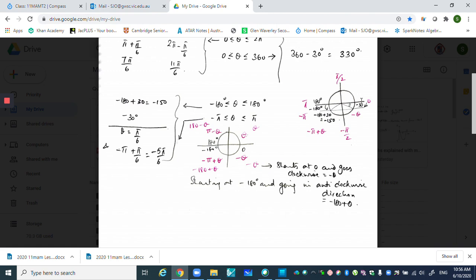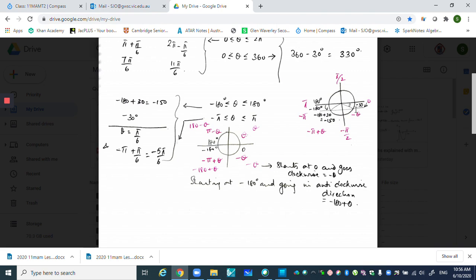And if they talk about 0 and minus pi, or 0 and minus 180, it's with reference to the negative angle that can form here. So we know that these solutions lie here in the third and the fourth quadrants.